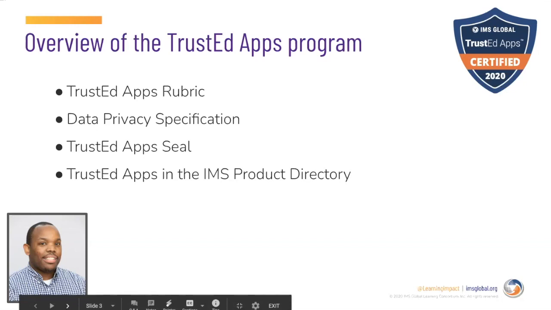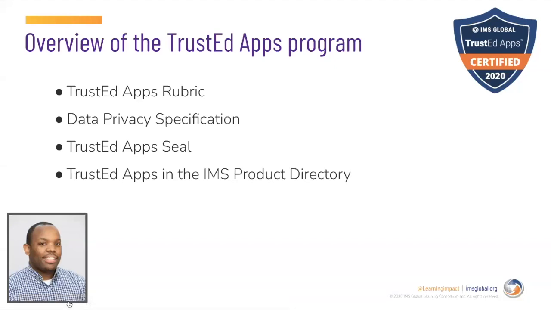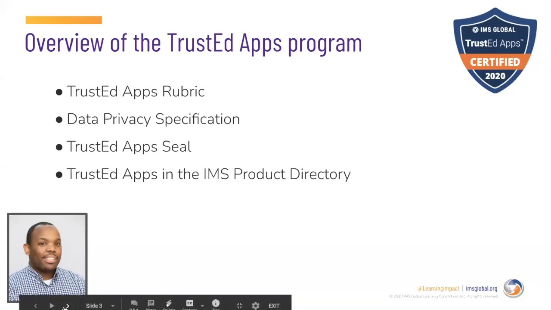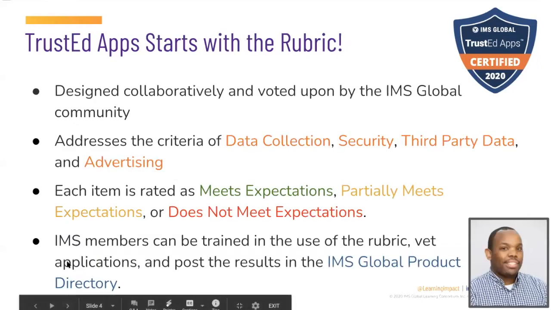And then, of course, the Trusted Apps Seal that has blown up tremendously over the past couple of weeks, and I'll give you a little more information about that as well, as well as the IMS Product Directory, where you can see all of the members and suppliers who have earned the seal and also have that data privacy specification. Let's move to the next slide.